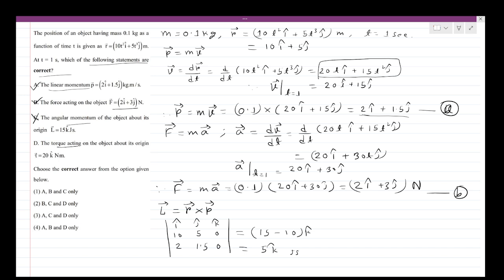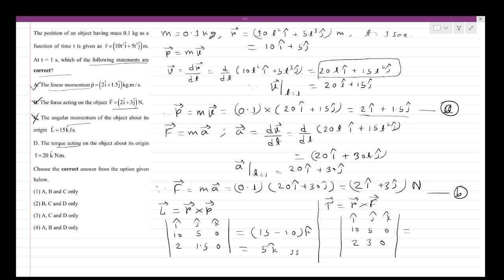Now let's check the last one, option D. This is given as the torque. As we know, torque tau vector equals r vector cross F vector. Again, you can do the cross product here to calculate the torque. The r vector will be 10, 5, 0, and the force F vector is 2 i cap plus 3 j cap, so that is 2, 3, 0.